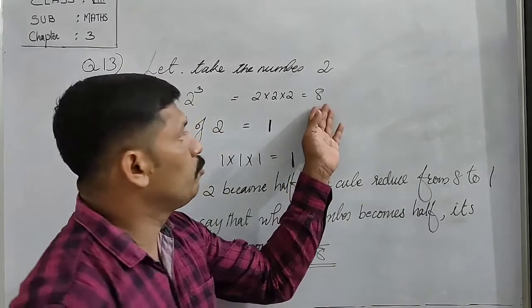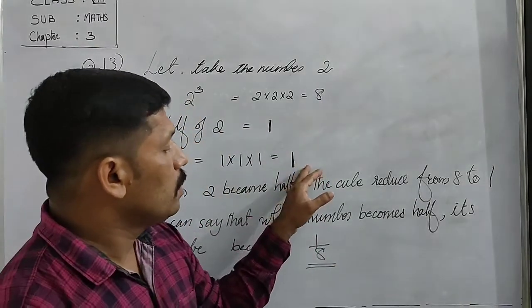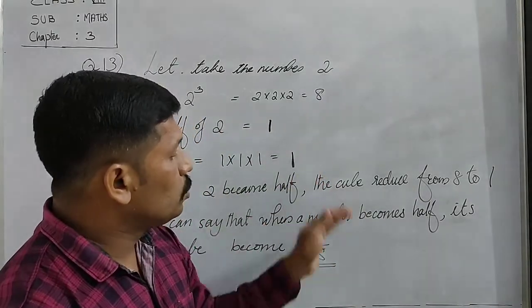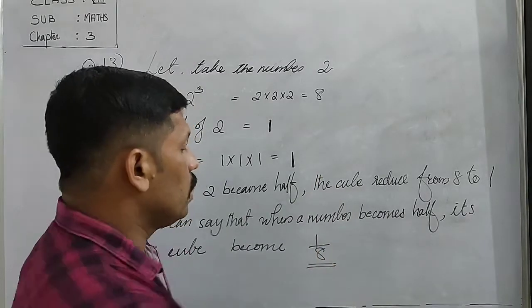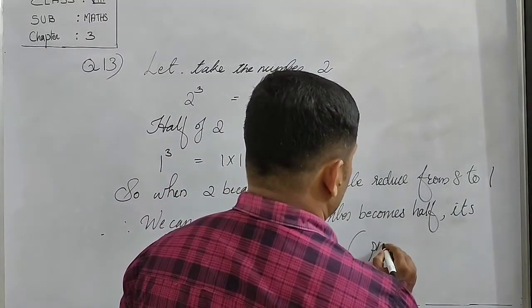Here also you can see that before it was 8 and that changed to 1. That means it is reduced to 1/8. So we can write in brackets, it is proved.